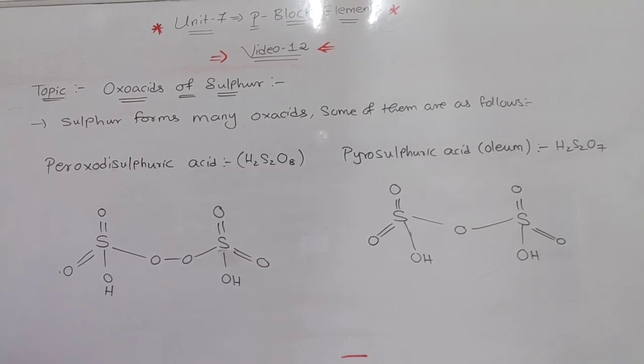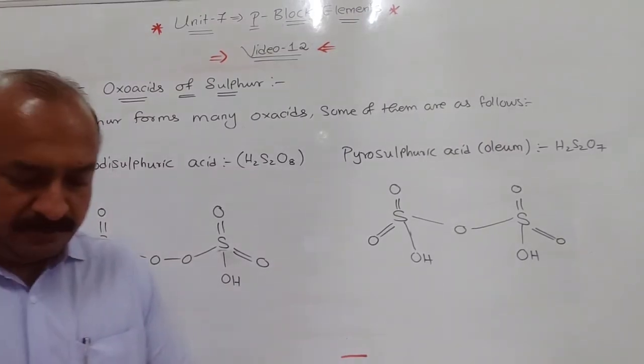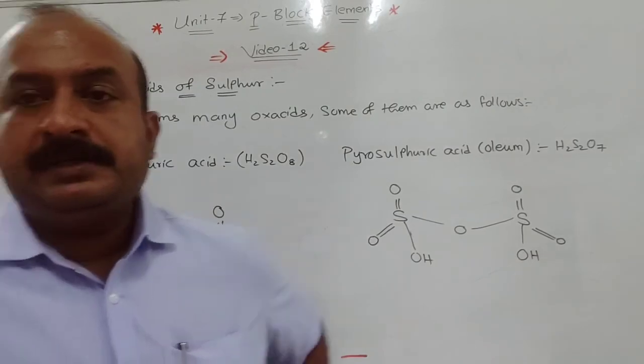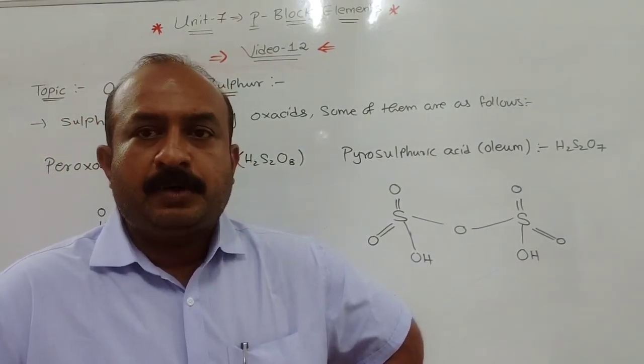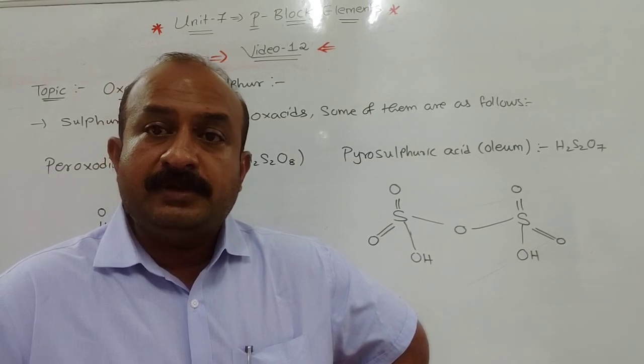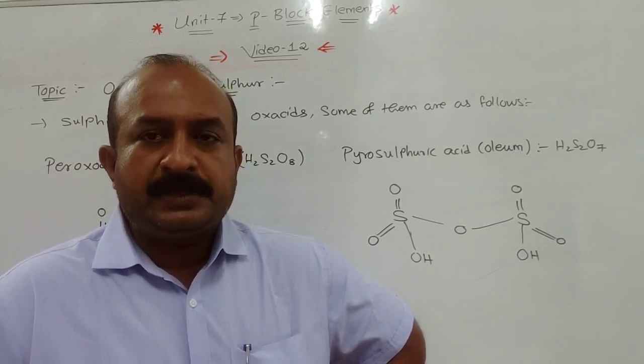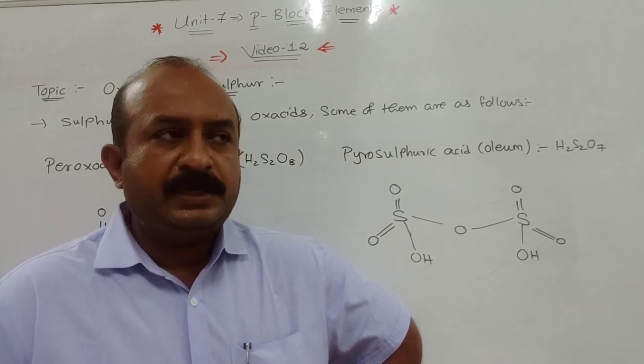So here we come to an end of oxoacids of sulfur. Now in the next video, video number 13, I will be discussing preparation, properties and uses of sulfuric acid.